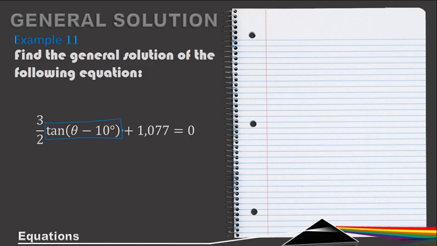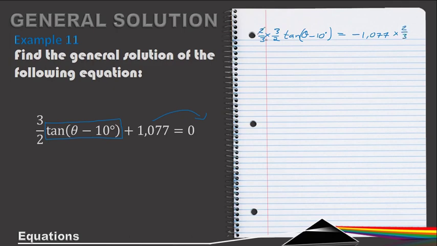First we need to get rid of this 1,077, taking it to the other side, where it becomes a negative. So I have 3 over 2 tan of theta minus 10 degrees is equal to negative 1,077. Then to get rid of this 3 over 2, I can multiply both sides by 2 over 3. Since we only have one term here, we just multiply both sides by 2 over 3.